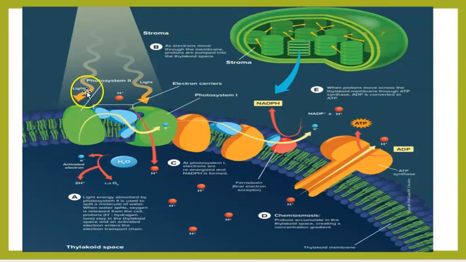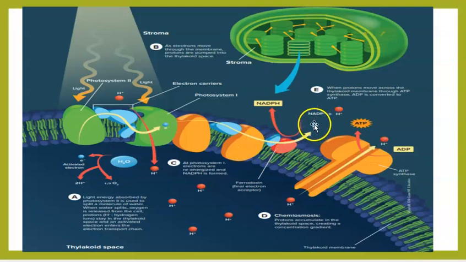When it does, it starts pumping H plus outside also. So you have H plus inside, you have H plus outside. Now this electron gets carried from photosystem 2 to photosystem 1 and finally goes on to something called ferredoxin, which is the final electron acceptor.